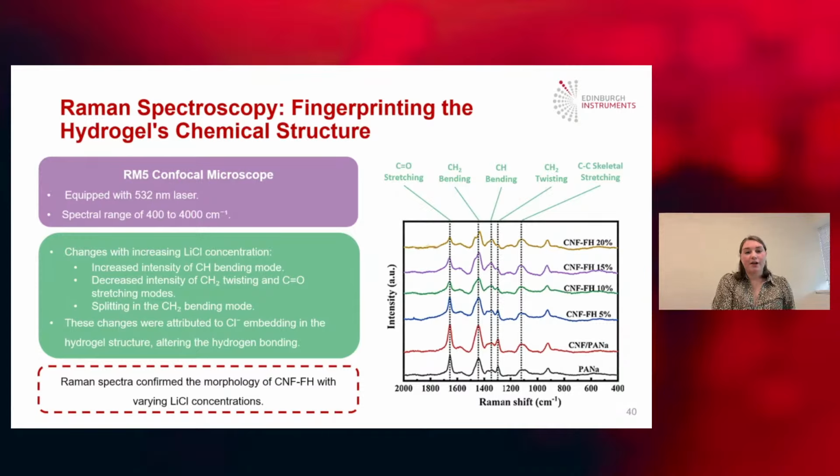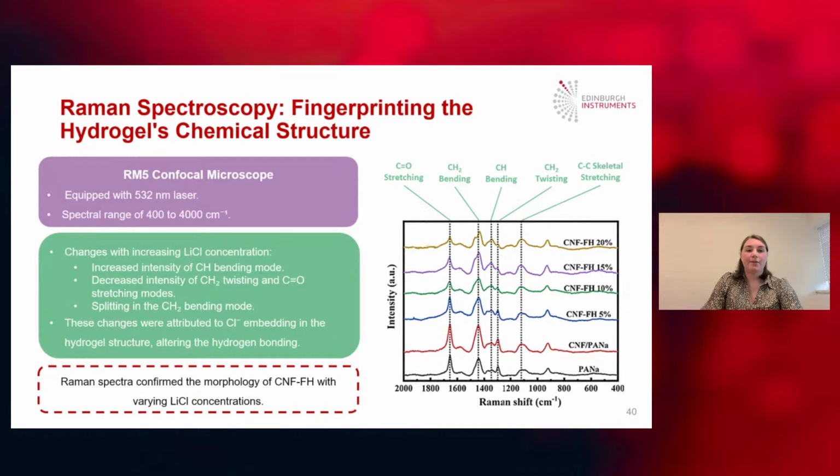Looking at the characterization of the material, what they saw was that with increasing lithium chloride concentration, they also saw an increase in intensity of CH bending modes. They saw a decrease in intensity of CH2 twisting and C=O stretching modes. And finally, they saw a splitting of the CH2 bending mode from one peak into two.